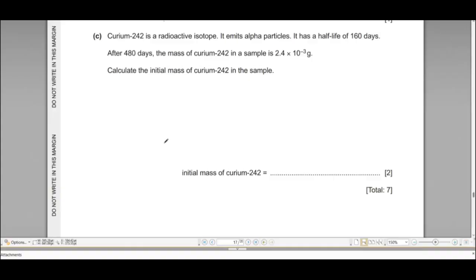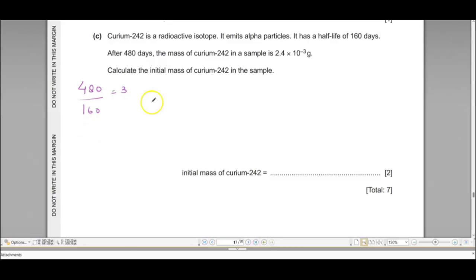So what we first need to do is establish how many half-lives have actually passed. So we are going to divide 480 by 160. This is going to give us an answer of 3. So there are 3 half-lives that have passed.